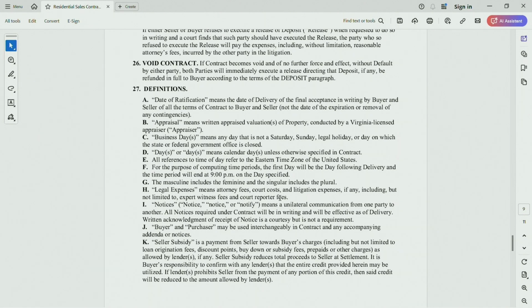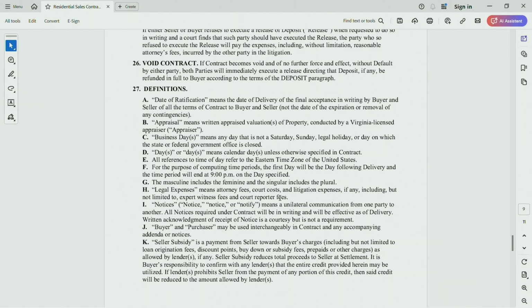Seller subsidy reduces total proceeds to the seller at settlement. It is the buyer's responsibility to confirm with the lender that the entire credit provided herein may be utilized. If the lender prohibits the seller from the payment of any portion of this credit, then said credit will be reduced to the amount allowed by the lender.